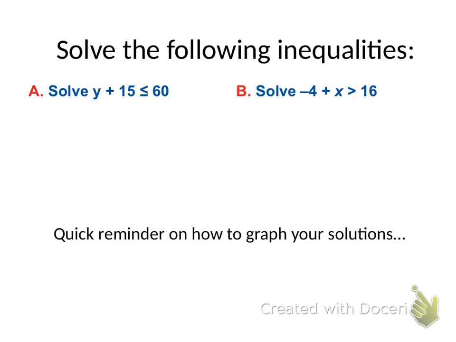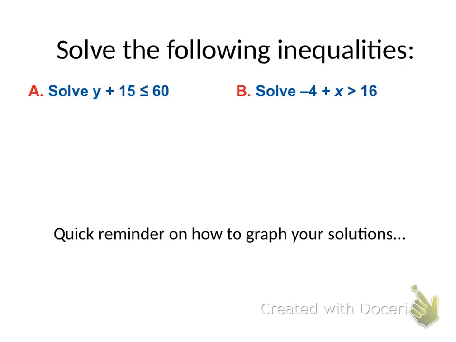Now remember, an inequality is this symbol here. Less than, greater than, less than or equal to, greater than or equal to. And when we're solving inequalities, it is exactly like solving an equation. Okay, so we've got y plus 15 is less than or equal to 60.